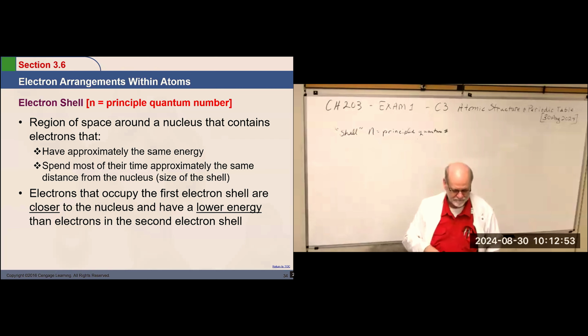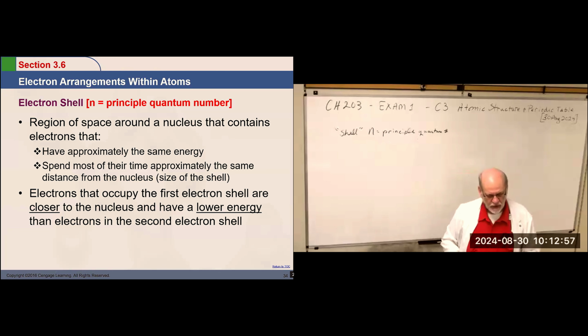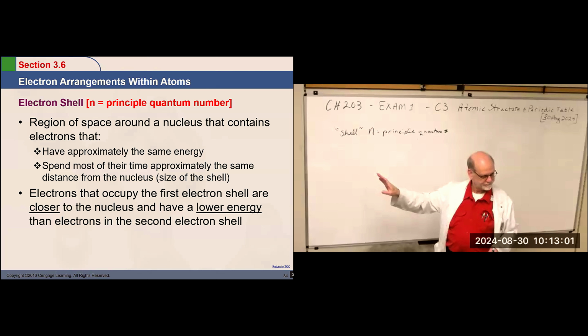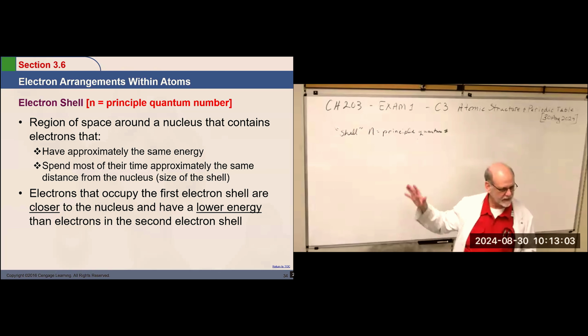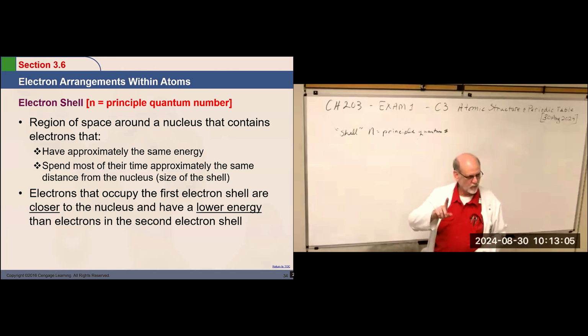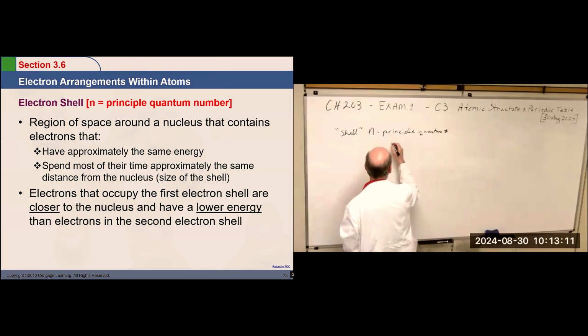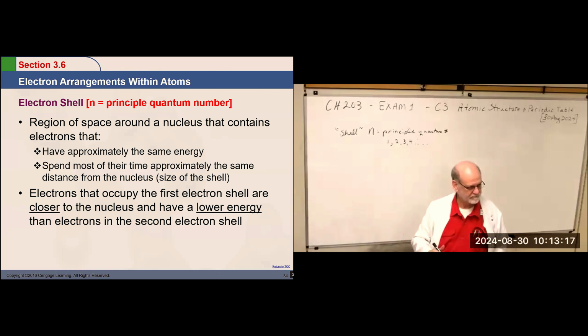The lower the number, the closer the electron is to the nucleus. So you can't get any closer than number 1. And the numbers that can be applied to this N are the whole numbers: 1, 2, 3, 4 on up.